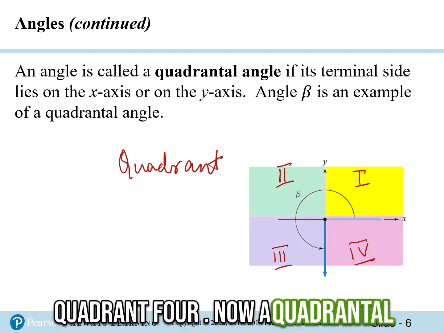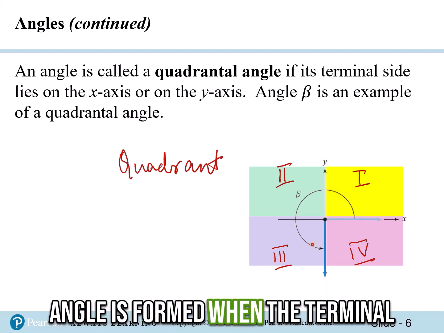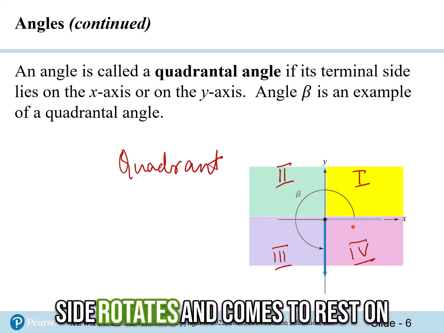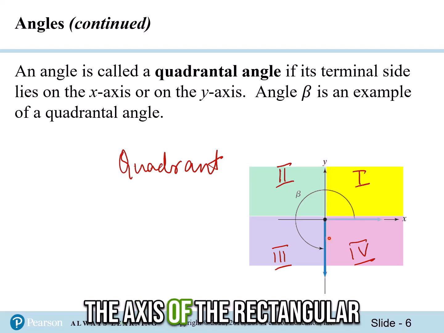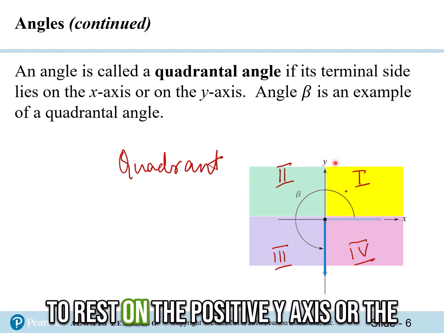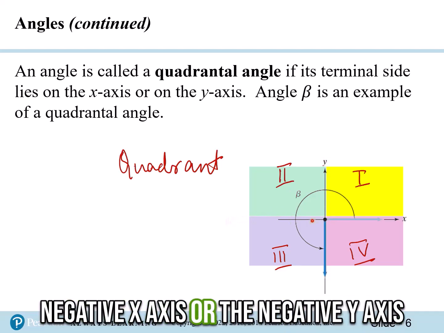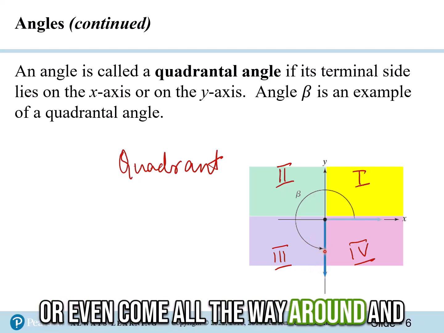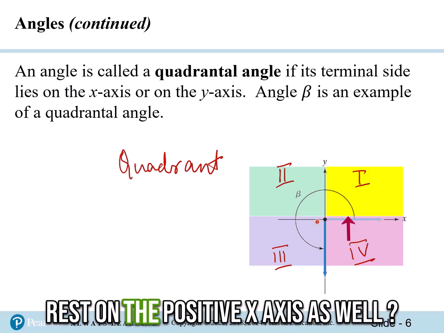Now, a quadrantal angle is formed when the terminal side rotates and comes to rest on the axis of the rectangular coordinate system. So it could come to rest on the positive y-axis or the negative x-axis or the negative y-axis, or even come all the way around and rest on the positive x-axis as well.